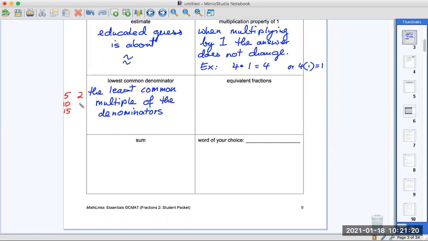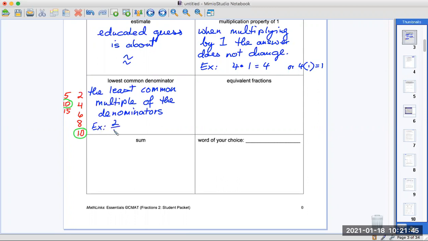So I'm writing down all the multiples of 2. And then when you get to one where they match, this one is the lowest. Yeah, so you can write down all the multiples and you find the first one that matches. So this would be an example.